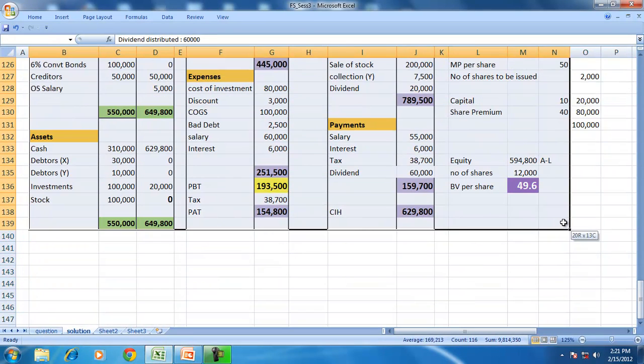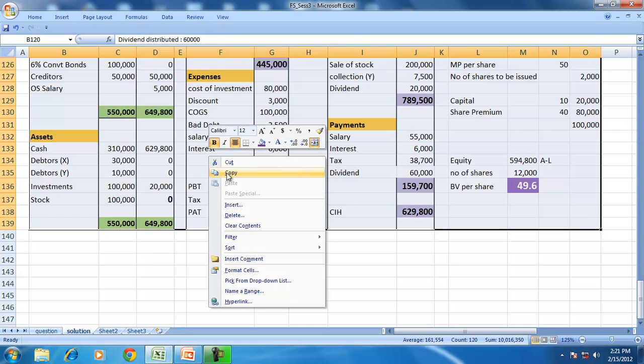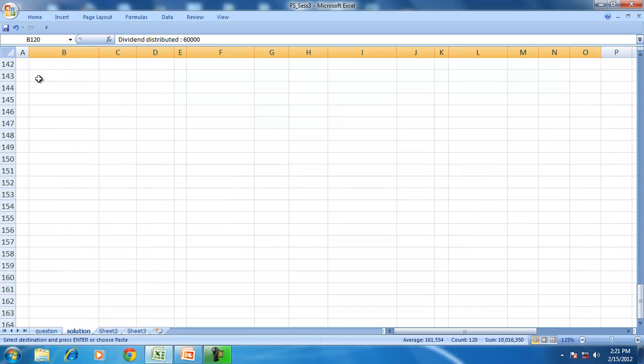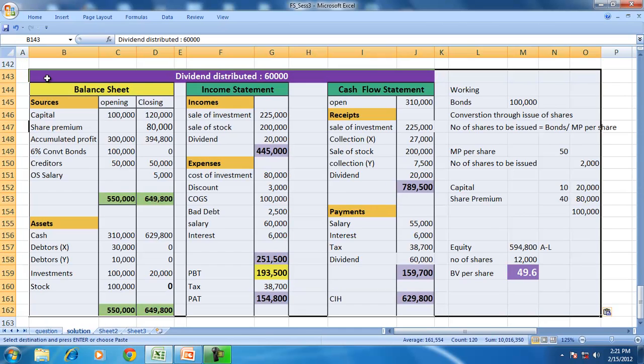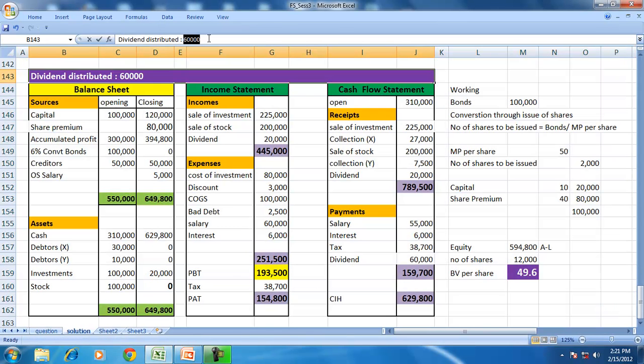Now once again we change our decision. We say that the dividend distributed is, instead of a cash dividend, a stock dividend.